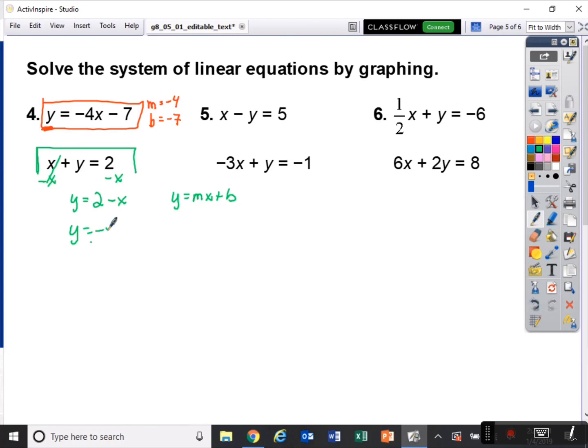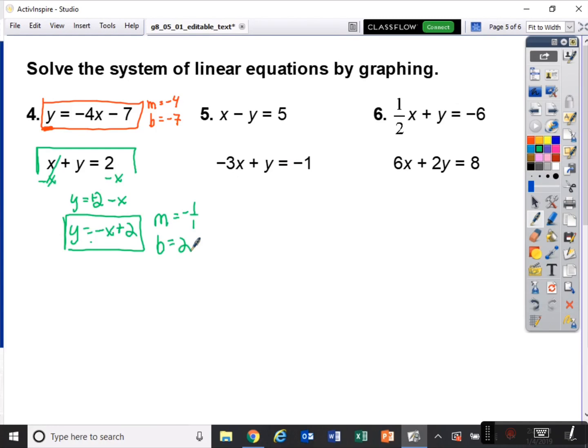So that's negative x, and this is technically a positive 2. So plus 2. Now, y is by itself, and I can immediately look at it and tell what the slope and y-intercept is. Slope is negative 1 over 1, y-intercept is 2.